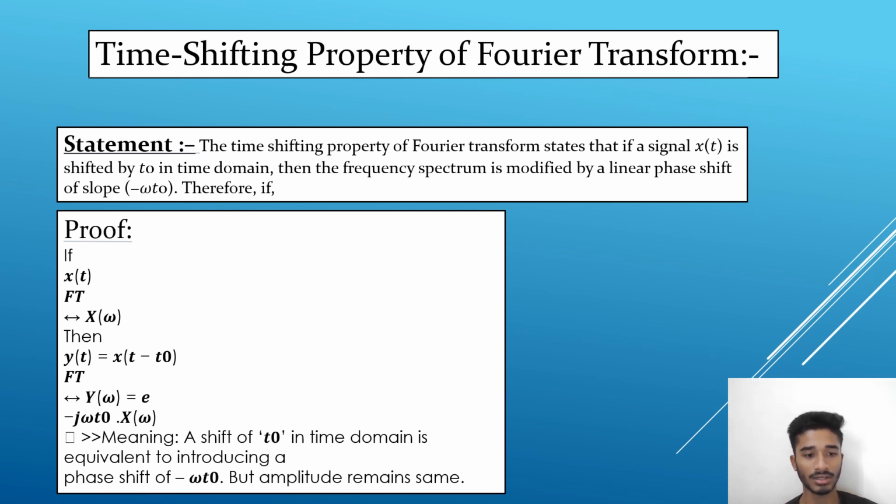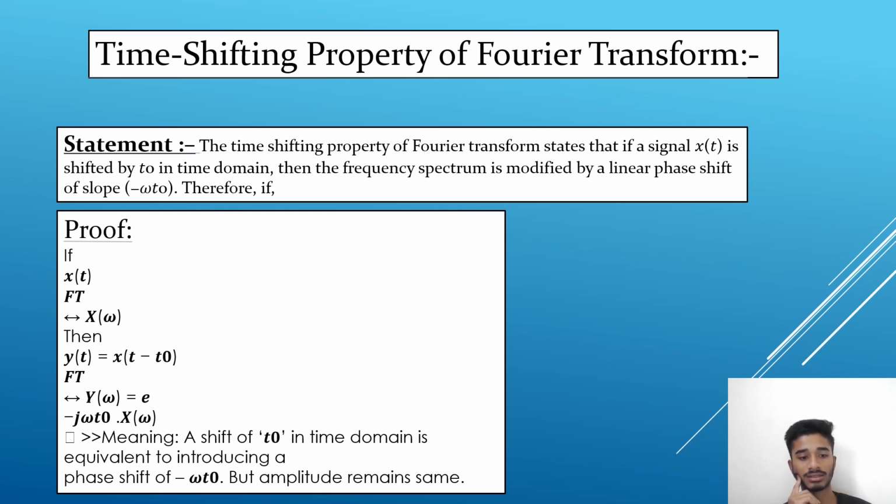the time shift in the time domain, which is t minus t naught, results in a phase change in the frequency domain. So if you subtract or add t naught in the time domain, it results in the exponential form e power minus j omega t naught into X of omega, meaning a shift of t naught in the time domain is equivalent to introducing a phase shift of minus omega t naught, but the amplitude remains the same.